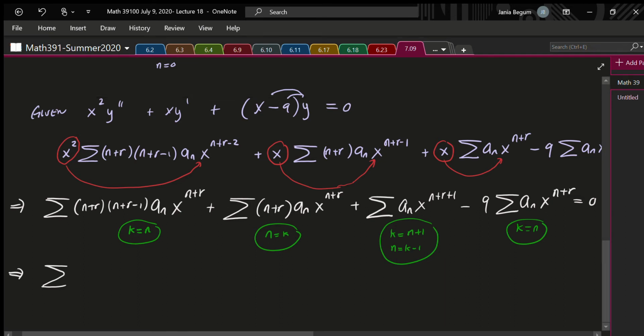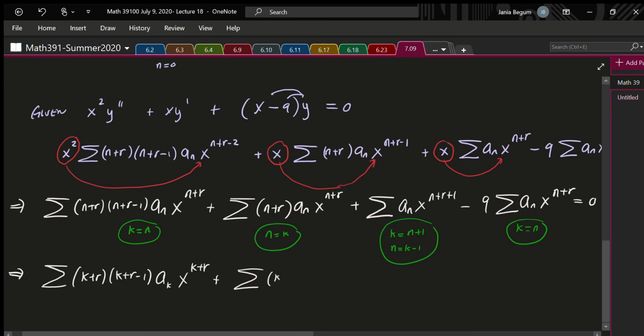Are you guys paying attention? Okay, so we have k plus r times k plus r minus 1, a sub k, x to the k plus r, plus the second one, also n is k, so it doesn't matter.